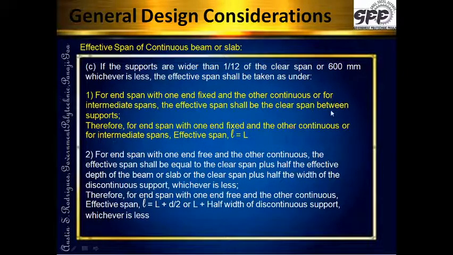It is very clear. Clear span, no other calculation is involved. So for the end span with one end fixed or any other intermediate spans, we can directly write effective span L is equal to capital L, the clear span.